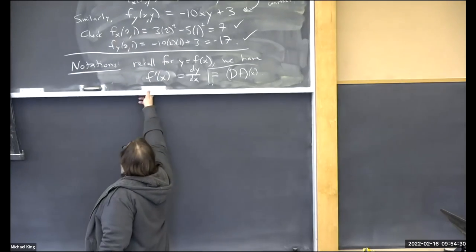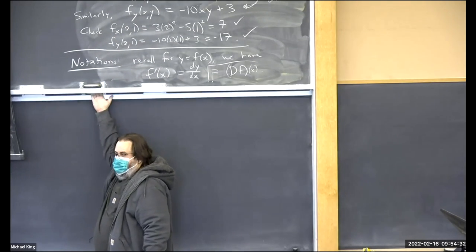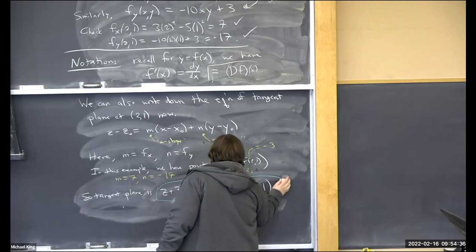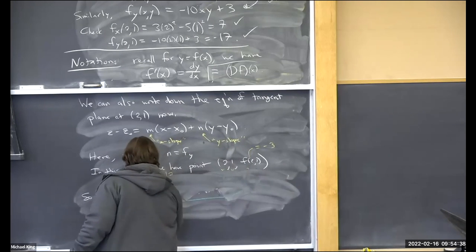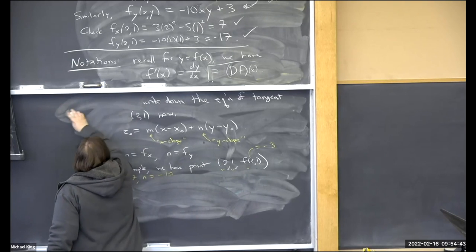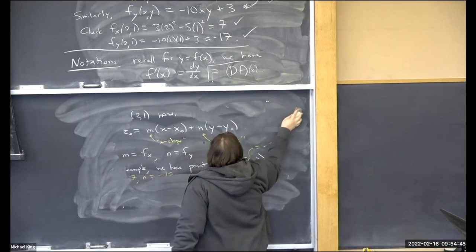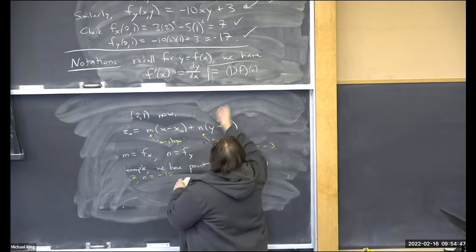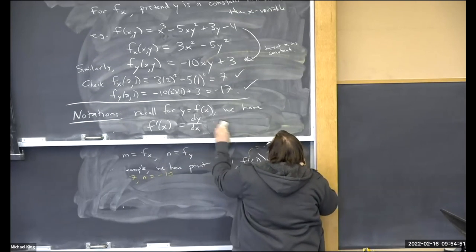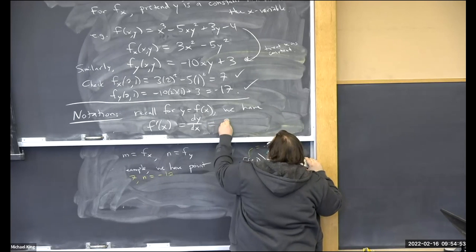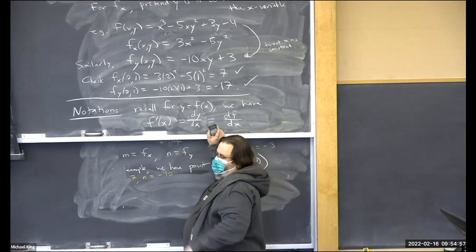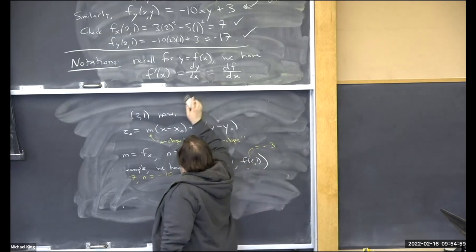So for partials, we actually do something similar. The other thing you've probably seen is just df over dx, right? So don't worry about the capital D thing. That's kind of random.